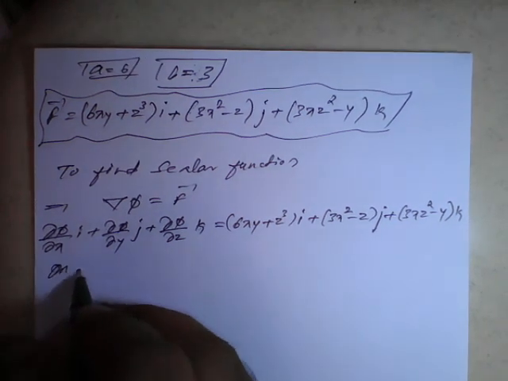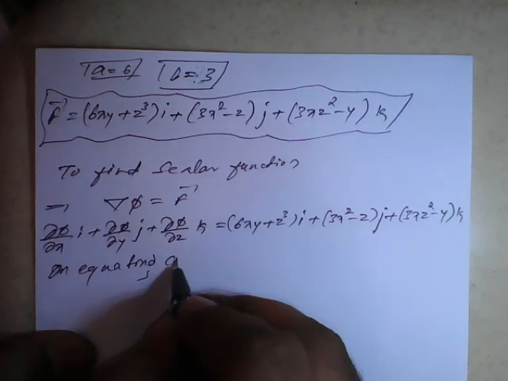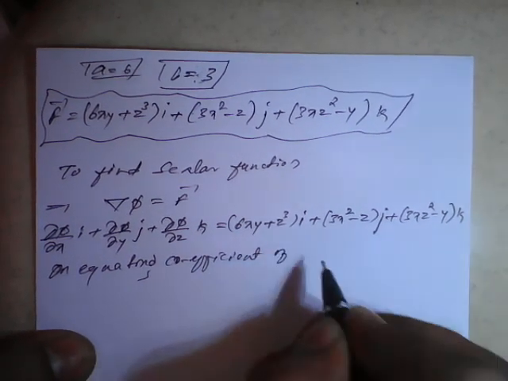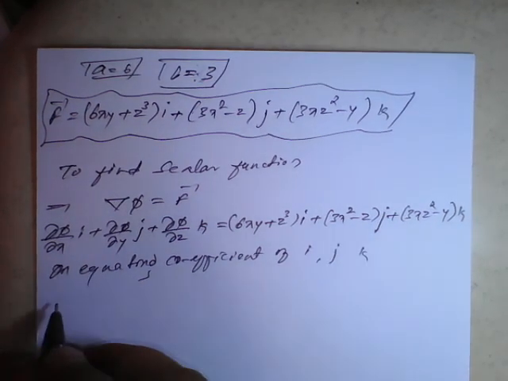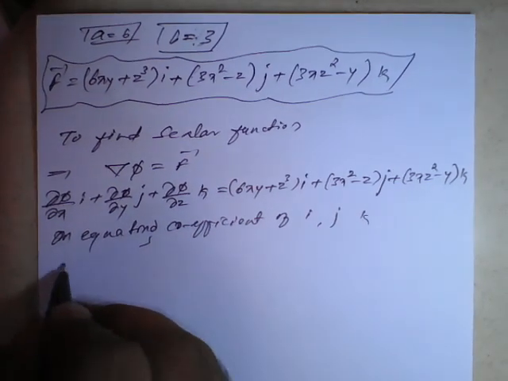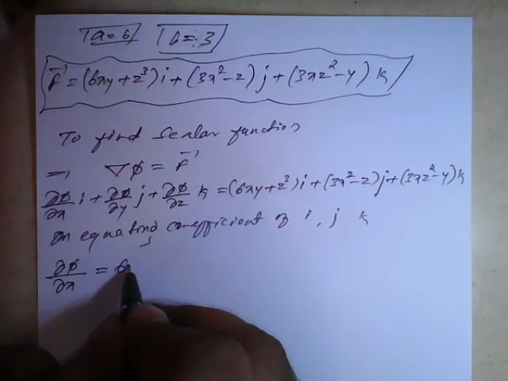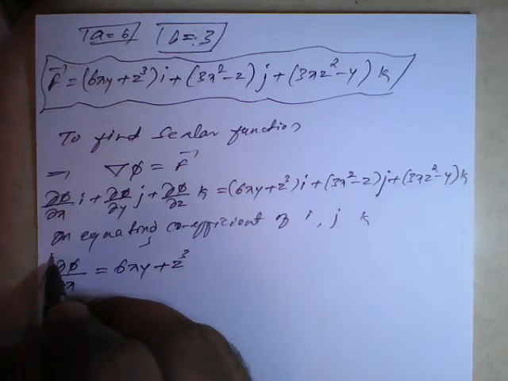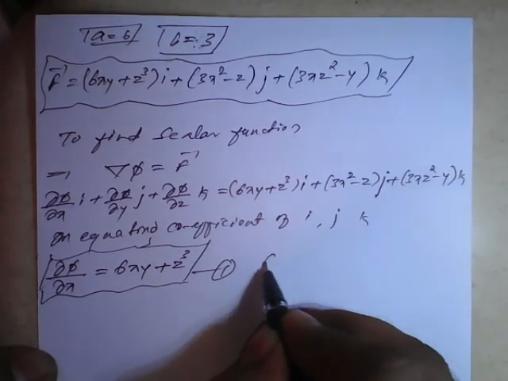On equating coefficient of i, j, k, we will get dou phi by dou x is equal to 6xy plus z cube. Equation number 1.